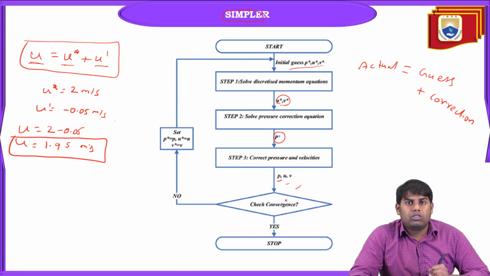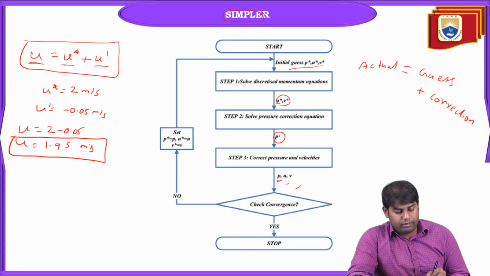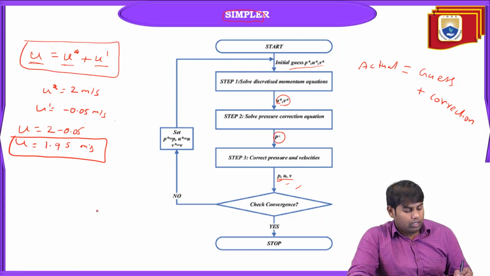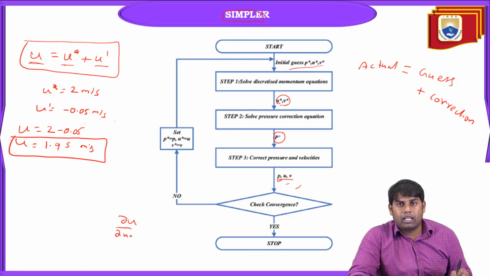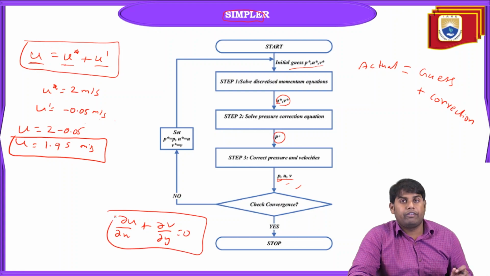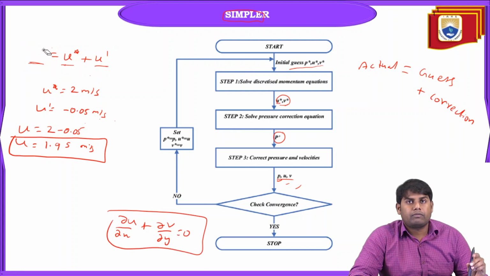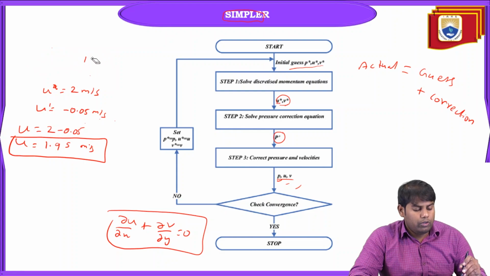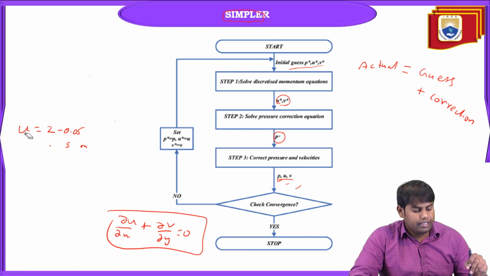How do we check the convergence criteria? We'll substitute these values in the continuity equation. What is the continuity equation we have? dou u by dou x plus dou v by dou y equal to 0. To write the discretized equation of the continuity equation, we use the index i and index j.